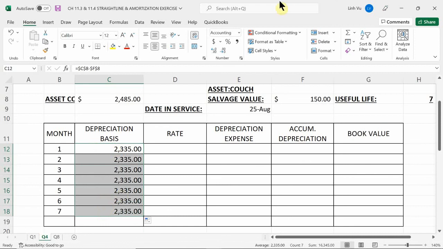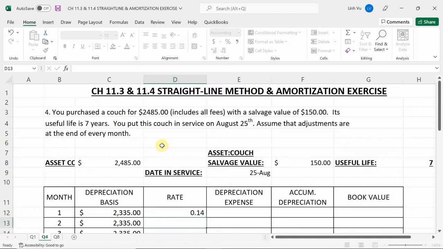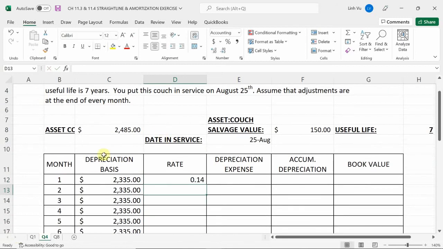Okay? What about my rate? The rate's going to be 1 divided by 7, so 0.14. In this case, it actually goes 0.1428.